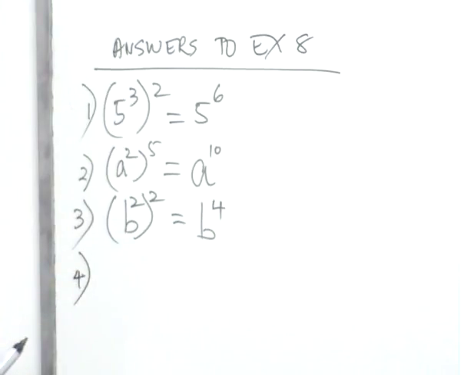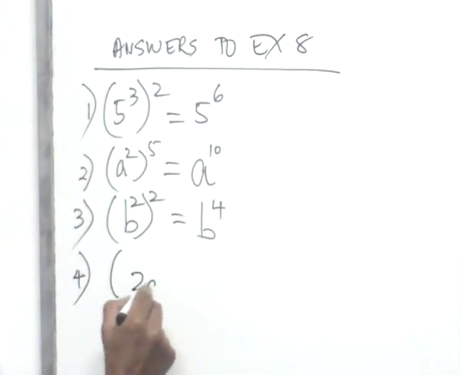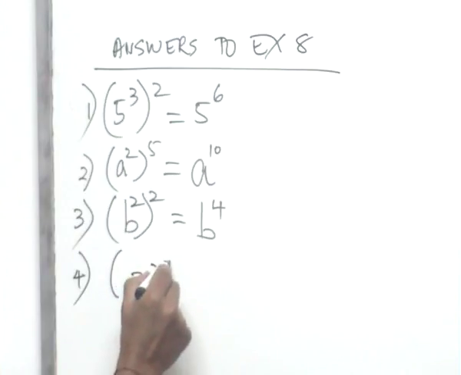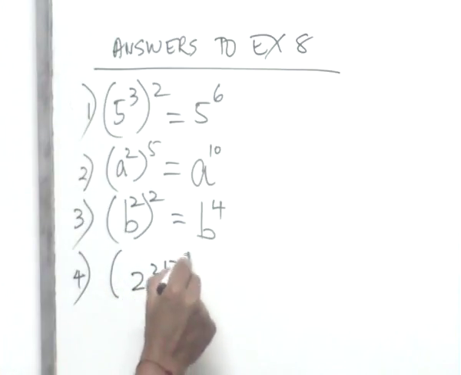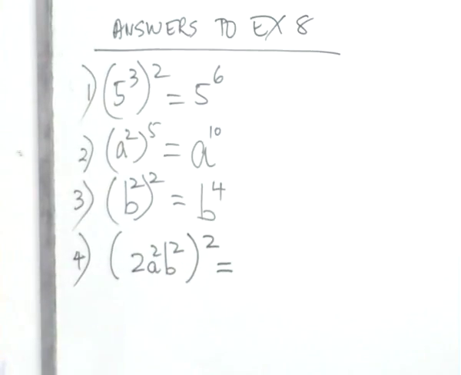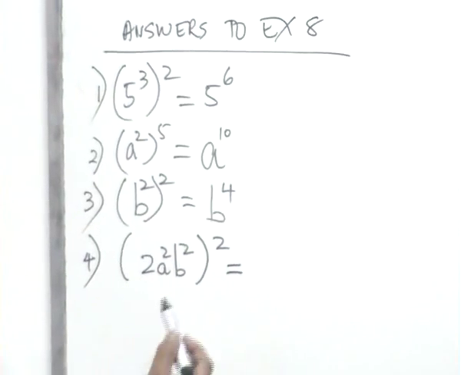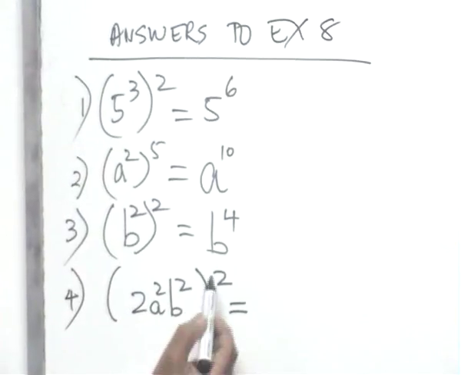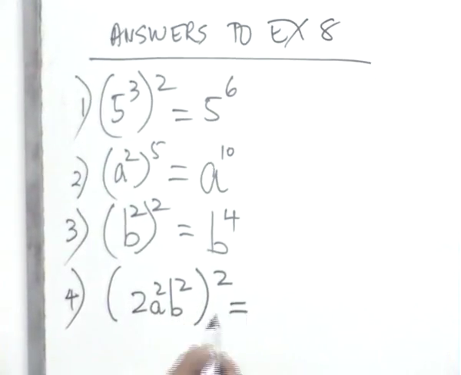Number 4. Now when I'm writing number 4, this is how we talk. We say open bracket 2a squared, b squared, close bracket to the index 2. And sometimes, instead of saying index 2, we also say power 2. So we talk like that and it is now accepted.